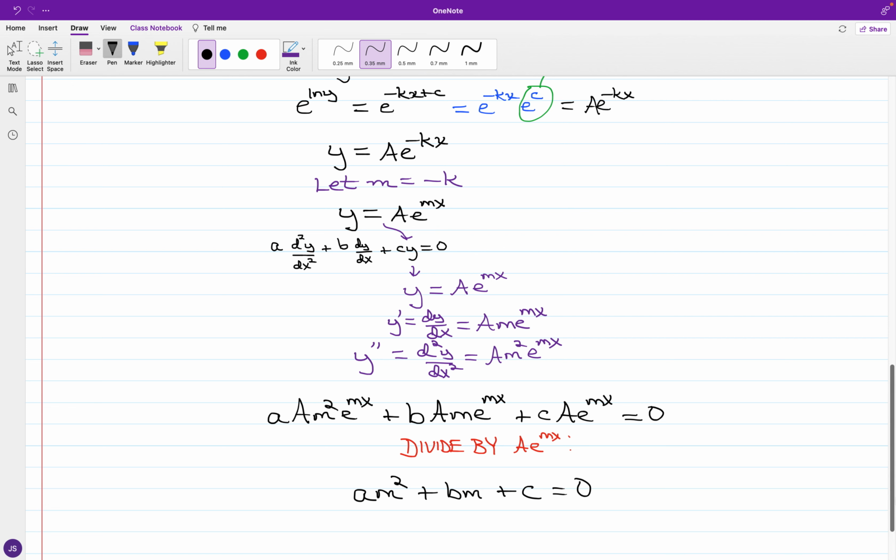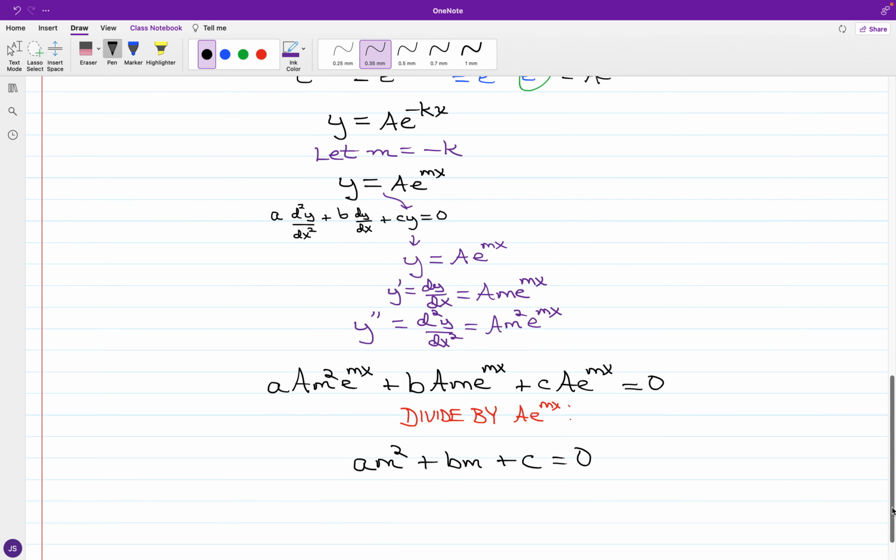For this quadratic equation, we're going to have up to 2 characteristic roots, on the basis that they are non-repeating.